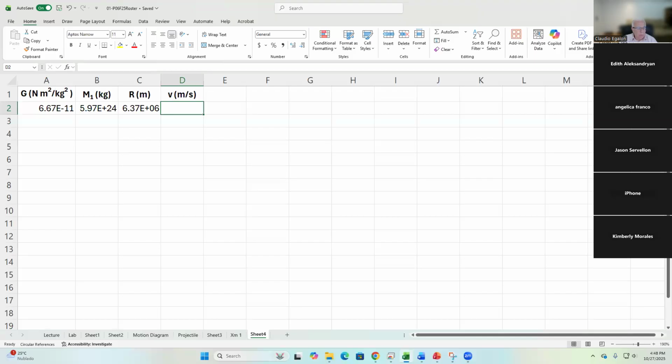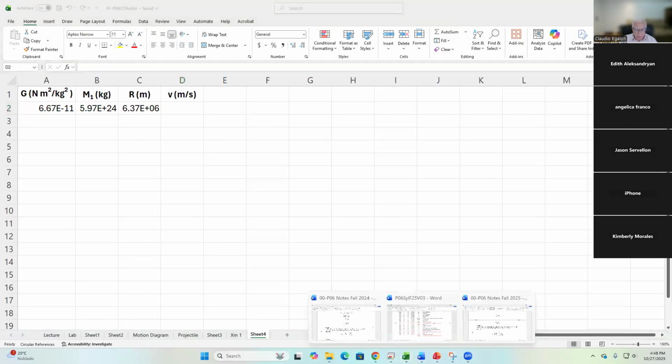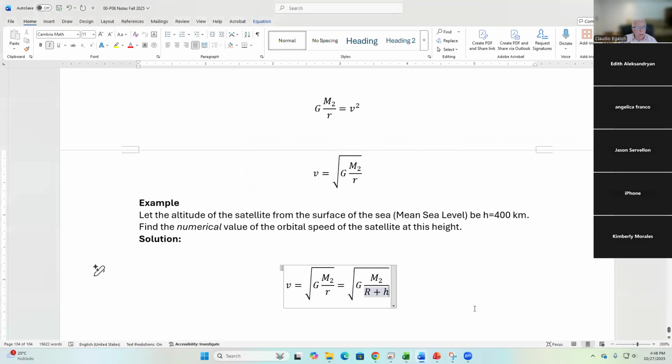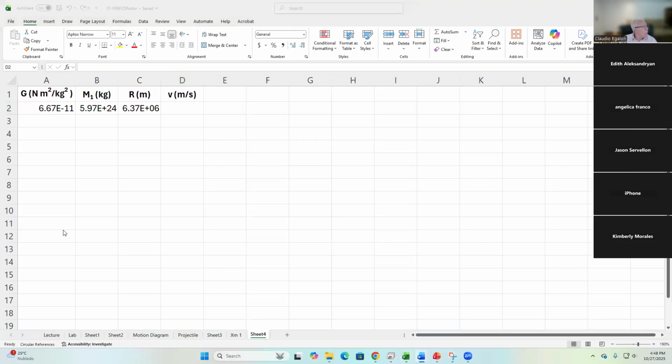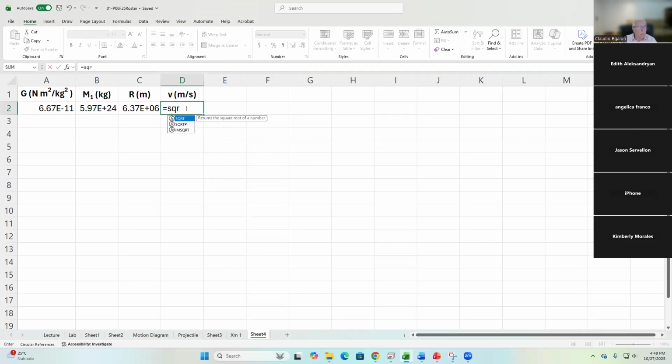Those are real life numbers that we are going to get. Now I have to write down my equation. It is going to be equal to the square root of big G times the mass of the Earth divided by the radius of the Earth plus the height of the satellite, which is 400,000 meters.